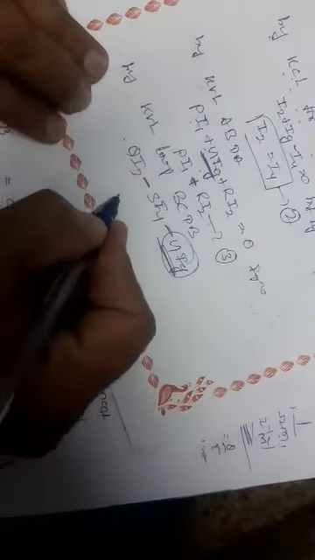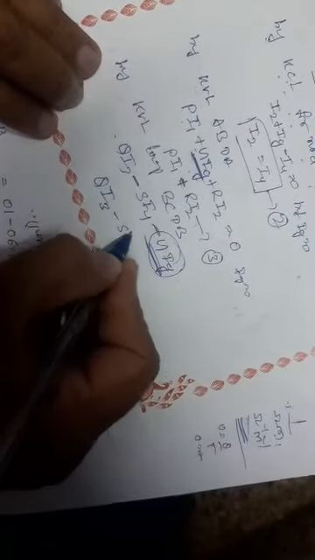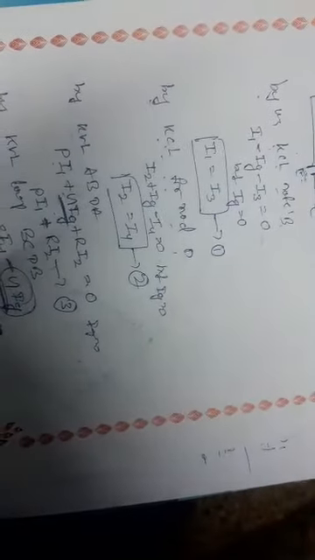The galvanometer is G and the current through it is Ig, but Ig is equal to 0. Finally, Q I3 minus S I4 is equal to 0. That is equation number 4.